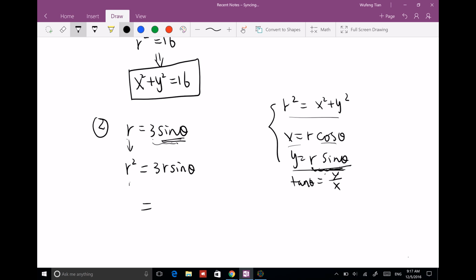I want to change the polar equation into a rectangular equation. I have r squared here. Now I want to change the r squared into x squared plus y squared, since r squared equals x squared plus y squared. And this one, r sine theta, is y. Does it make sense?